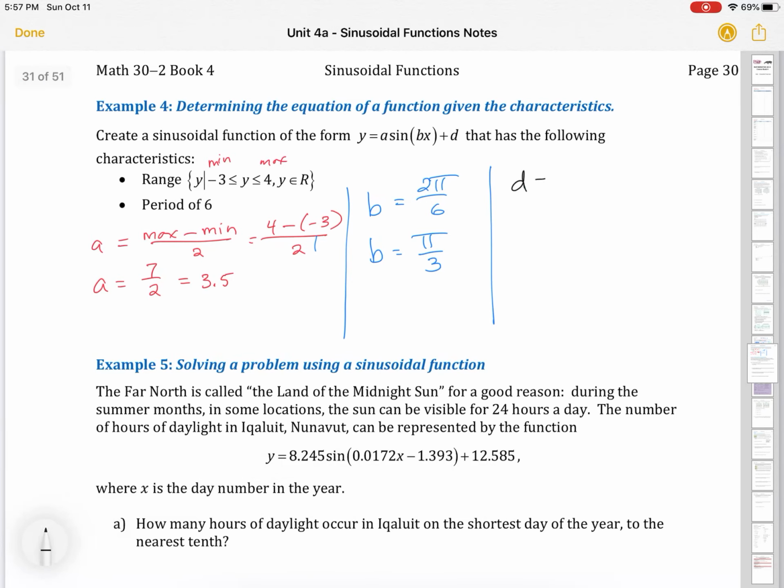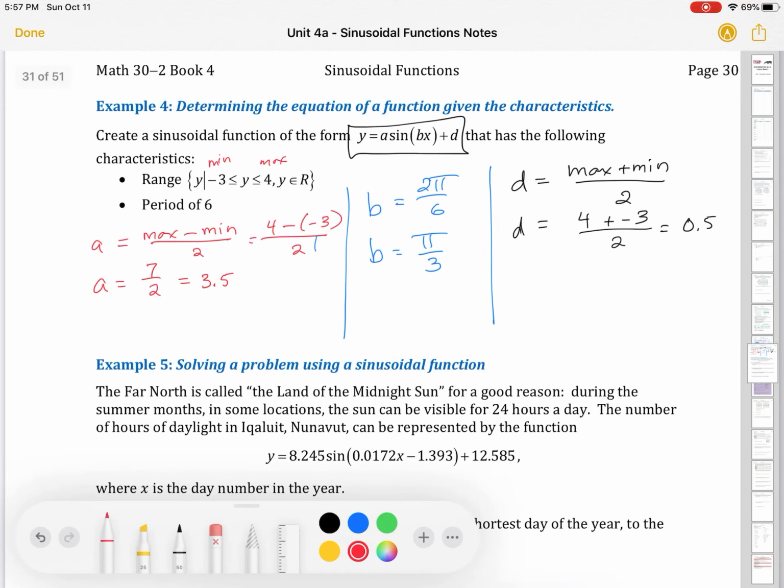And then C, or D, sorry. D, remember D is our vertical shift, and it is equal to the max plus the min over 2, and we have those. So we have 4 plus -3 divided by 2, so that works out to 0.5. So we take all of those, and we're going to put it in this form.